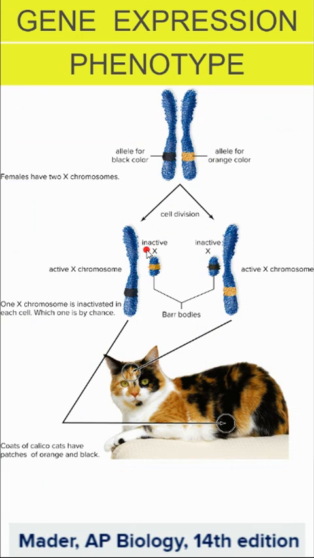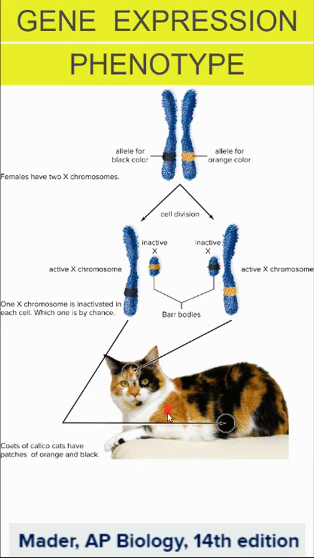Last example here, how gene expression can lead to different phenotypes. When we think about calico cats, they're always going to be female, and they're going to be heterozygous for black and orange color. Now, within female animal cells, they have two X chromosomes. However, only one X chromosome is active inside every single cell, and randomly we have deactivation or inactivation of one of the X chromosomes.